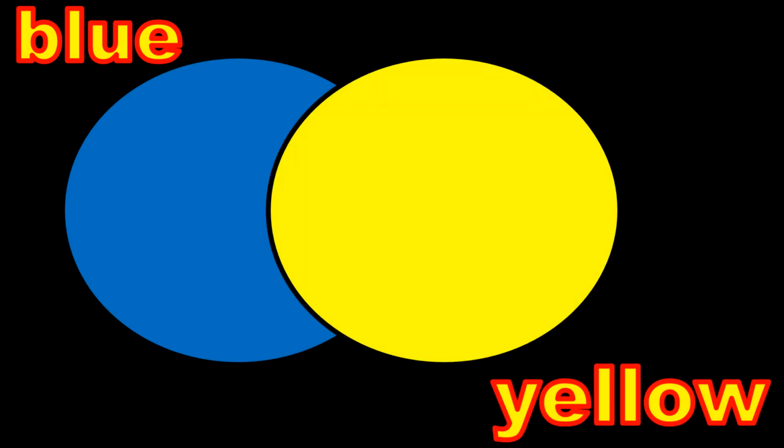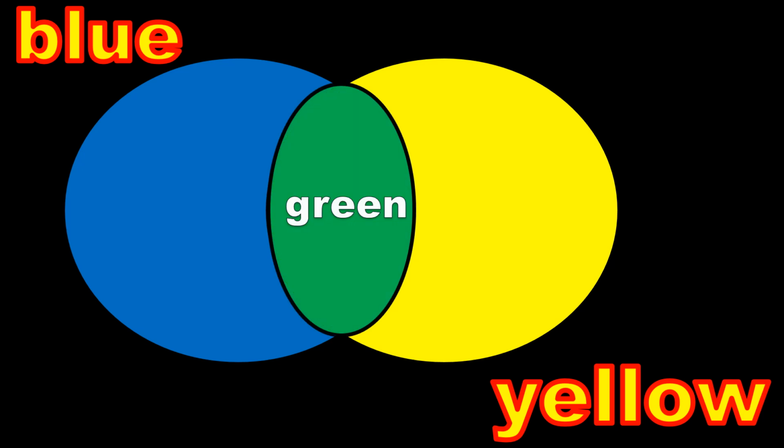Now, let's see how we can get the next secondary color. In order to get green, we must mix blue and yellow color together.